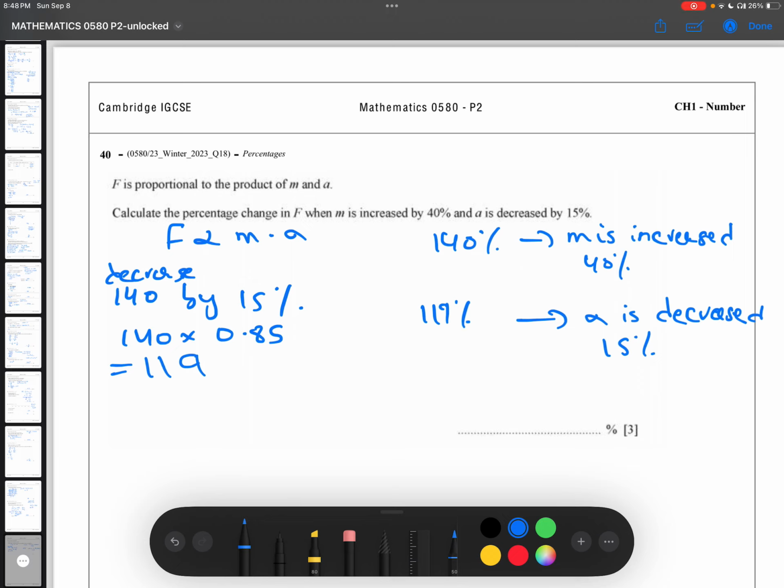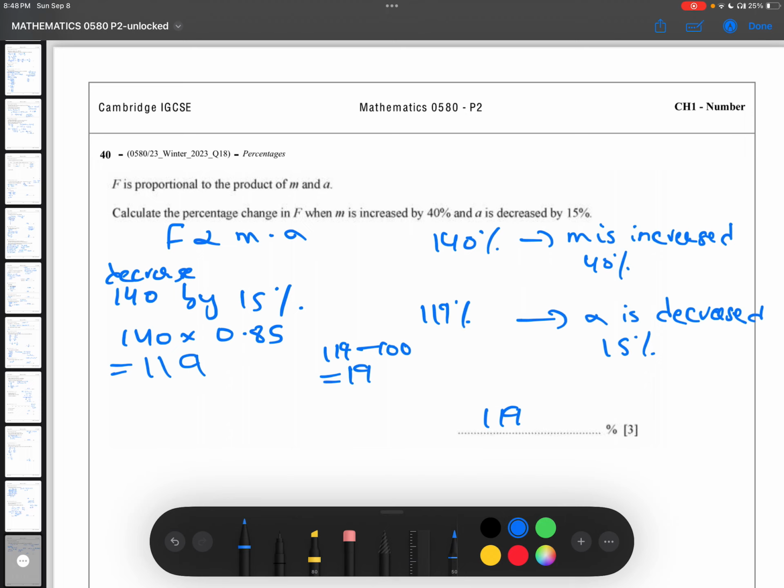It says calculate the percentage change. Initially the force was at 100% and now it's at 119%. So the change in percentage is 19. Subtract 100 from 119, you will get 19. This is the change in percentage in force. What we had to do was first increase F by 40%, which reached 140%.